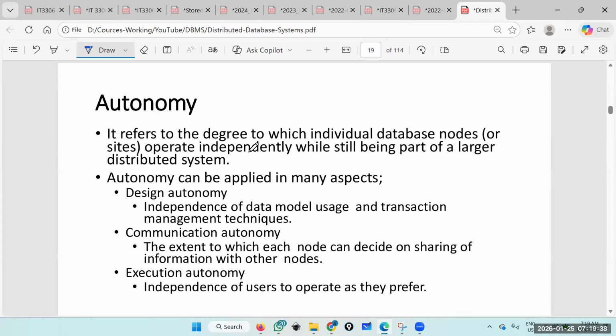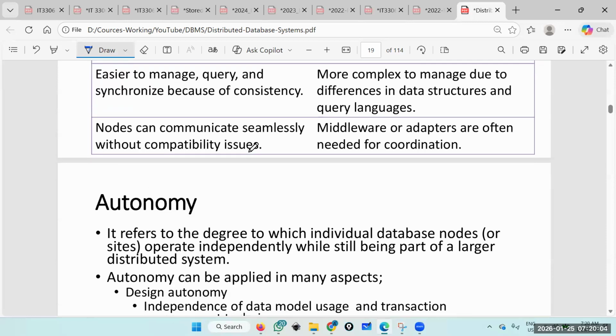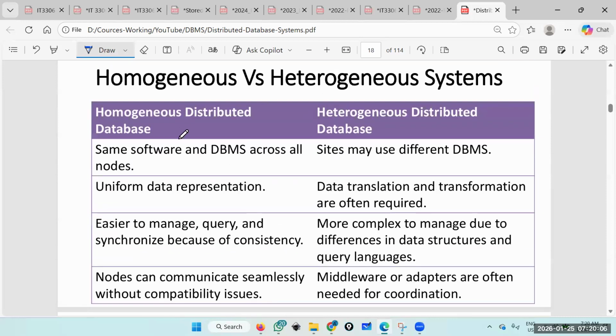Sometimes we get surprised why they are using those things, but maybe that branch is in some other country, maybe in Russia, China, North Korea, or an African country. Then there are so many issues. So these cases are rare, but can happen. Therefore, yes, heterogeneous systems can exist.